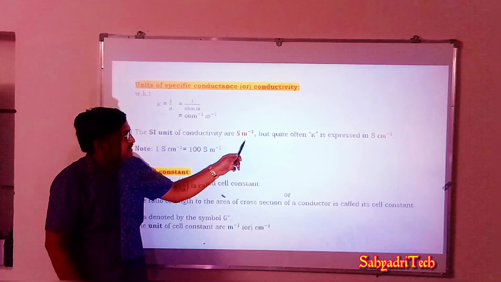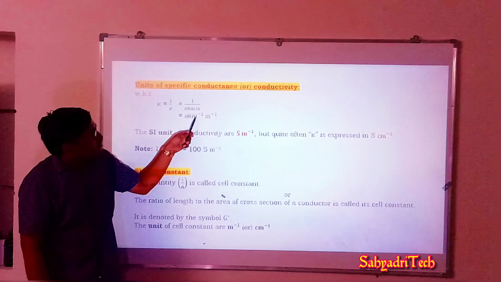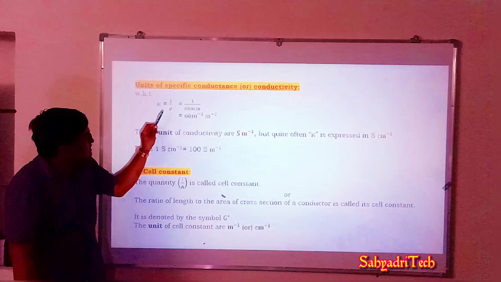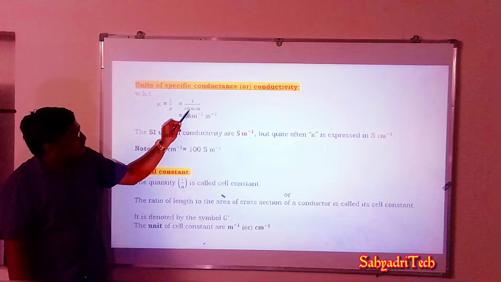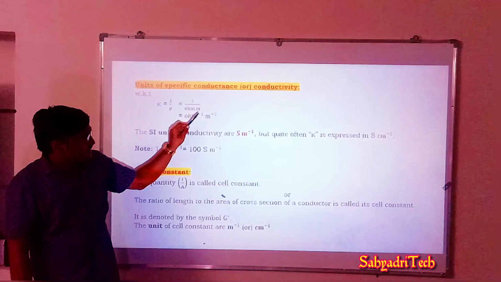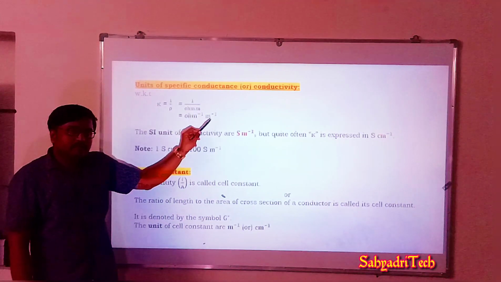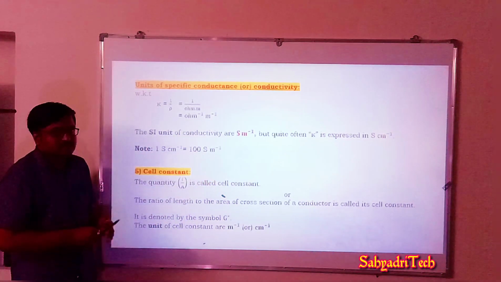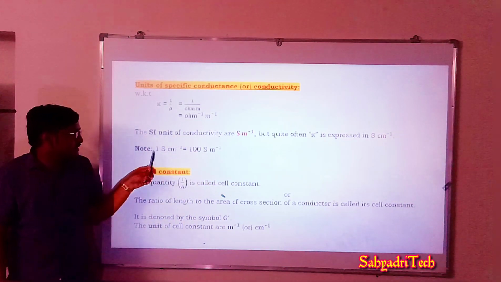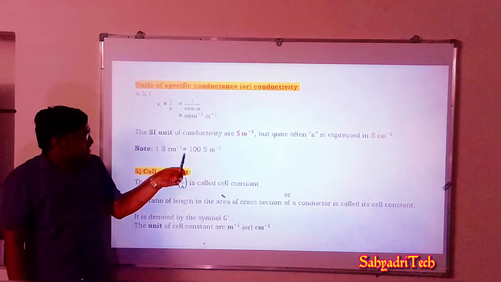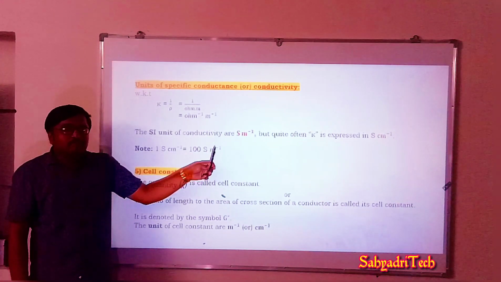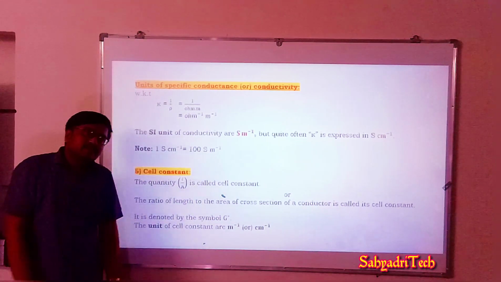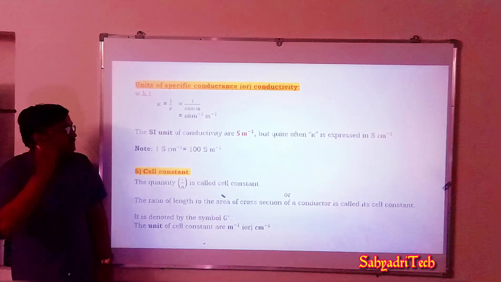If I take per ohm per centimeter, it will be Siemens per centimeter. That is, if resistivity is taken as ohm centimeter, then kappa will be per ohm per centimeter, abbreviated as Siemens per centimeter. One important relation to be remembered here: 1 Siemens per centimeter is equal to 100 Siemens per meter. So this is regarding the unit for specific conductance or conductivity.